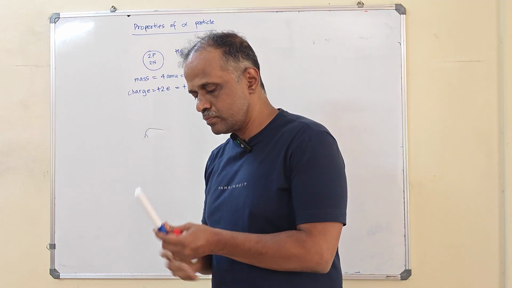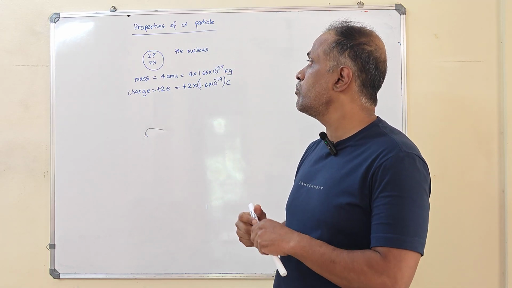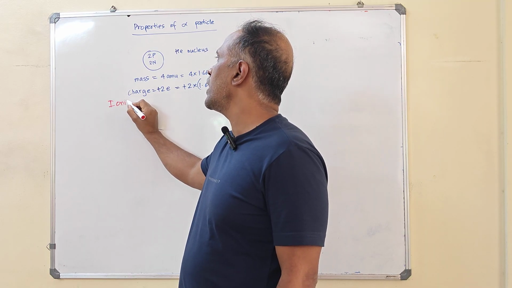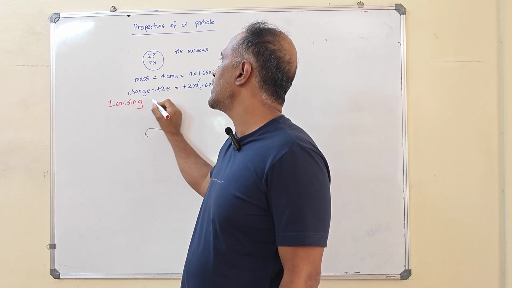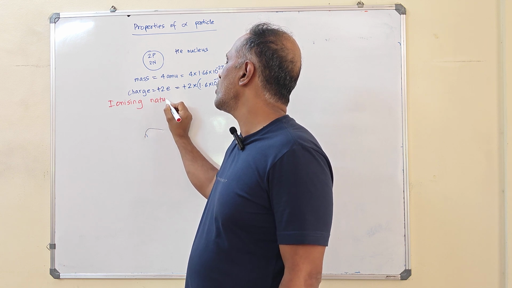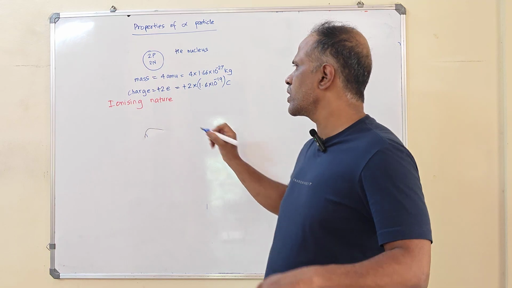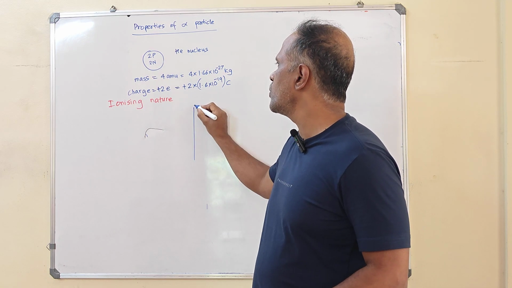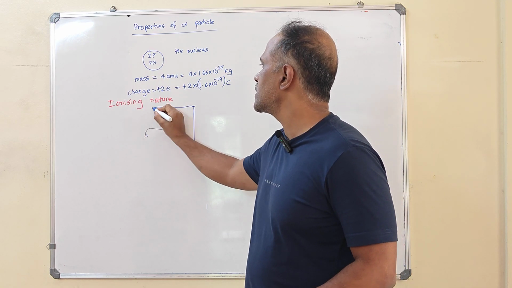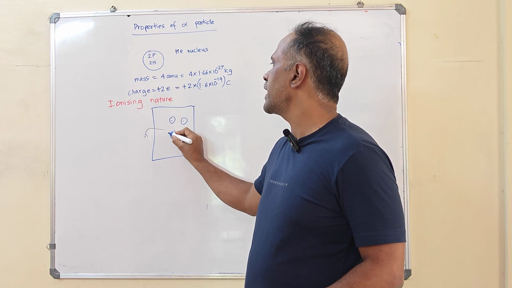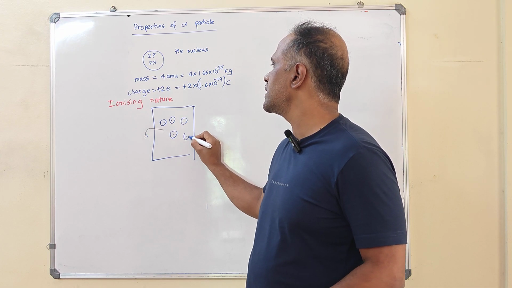Now let us discuss the most important thing about the alpha particle, which is its ionizing nature. Suppose you have a gas present over here, with the gas molecules and their electrons intact.